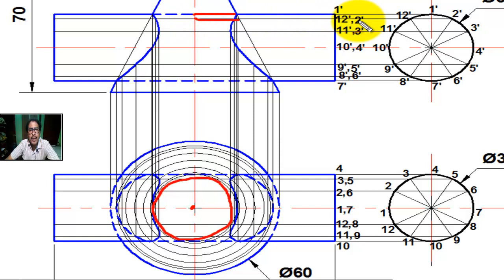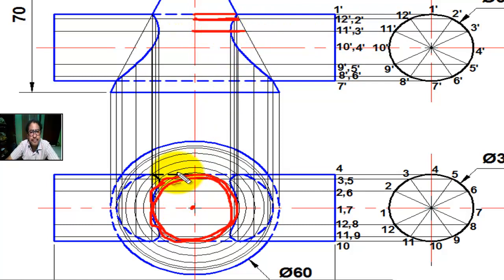This is 12 dash and 2 dash. With this radius we draw a circle on top view. This is 3 dash and 11 dash.